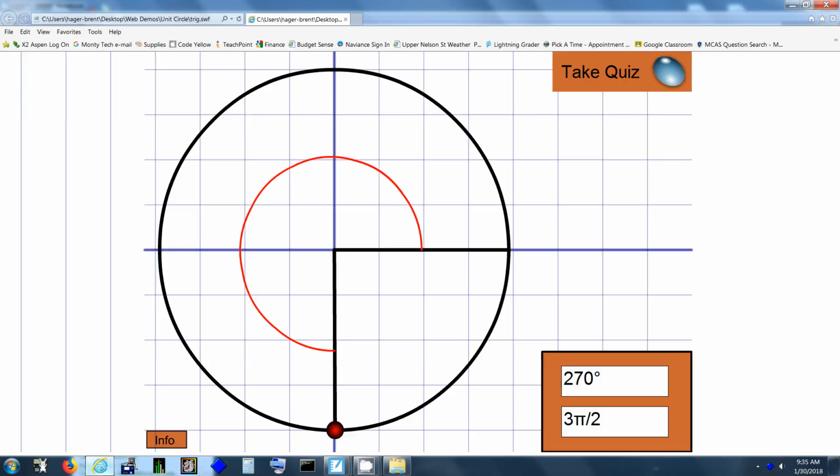Let's look at it on here and see what happens. So if I put it on 60 degrees, it says pi over 3. Did it put RAD after the pi over 3? No. Did it put a degree symbol after the 60 though? Yes.